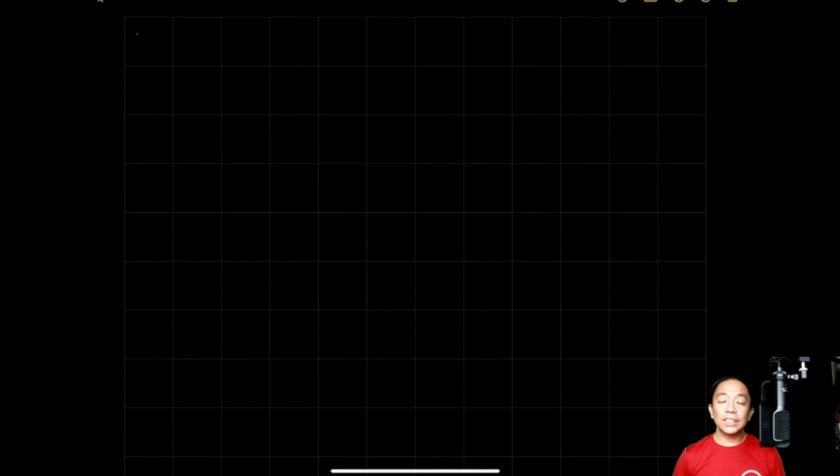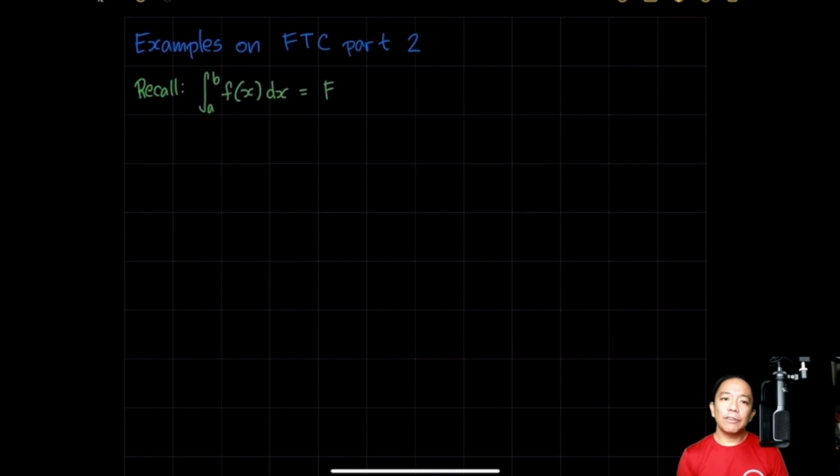Good day! So in this video, we'll take a look at some examples naman ng problems where we will use the second part of the fundamental theorem of the calculus. So ano ulit yung sinasabi niya? If we want to evaluate the definite integral from a to b of our function f of x, instead of doing the Riemann sum, we will just find one antiderivative out of infinite possibilities.